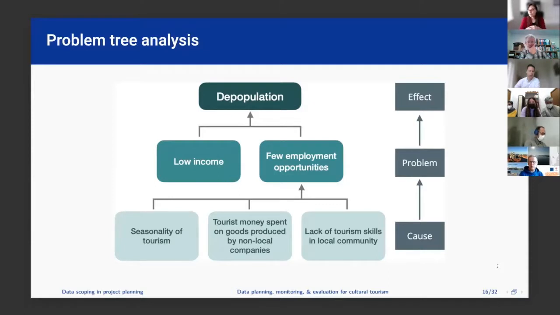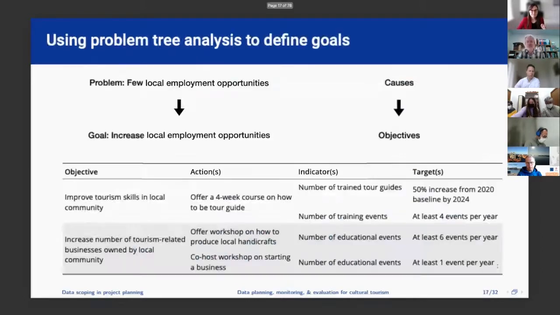Maybe tourist money is just going to goods that aren't made locally and to companies that aren't locally owned. Maybe it's also that the local community lacks skills to work in the tourism sector. When we think about these causes, they're smaller, and there's something we can do to achieve them. On our next slide, I'll show you how.